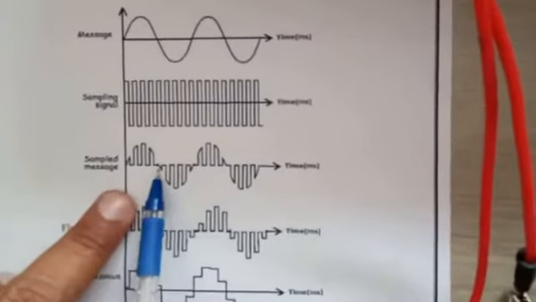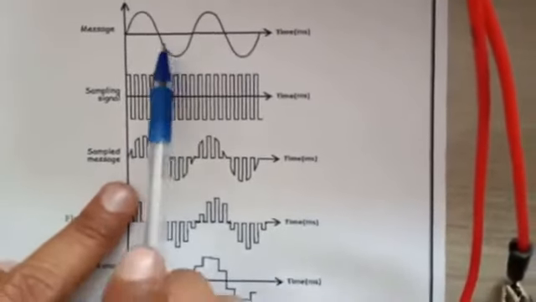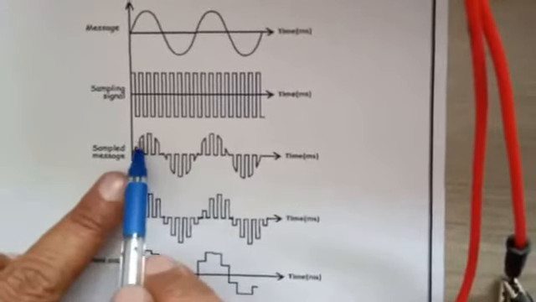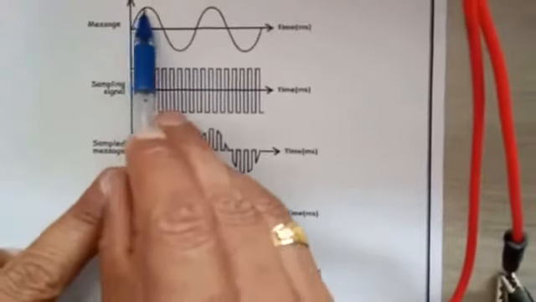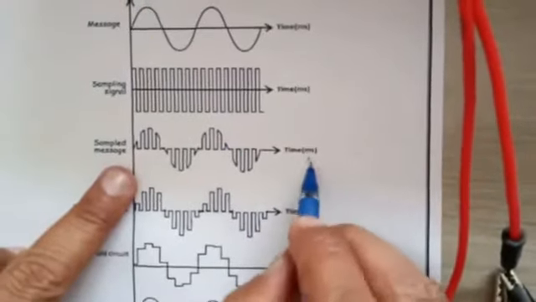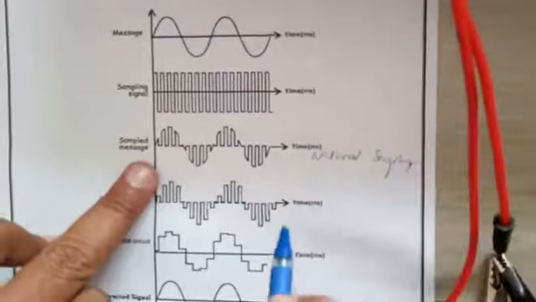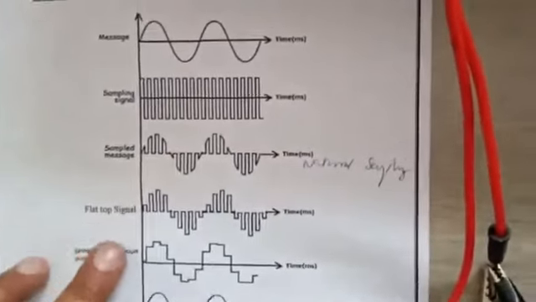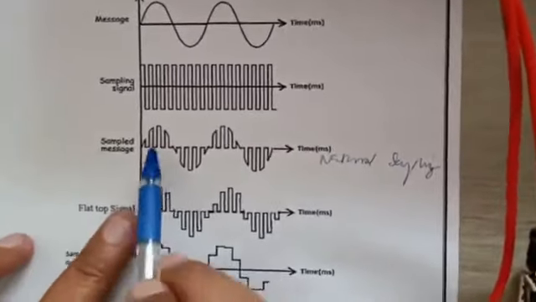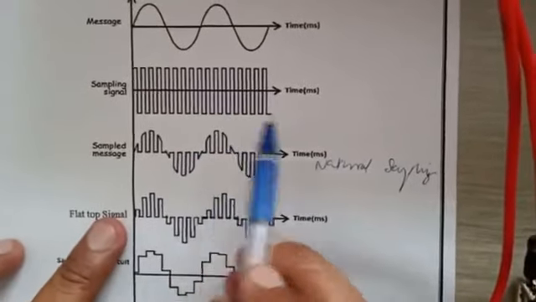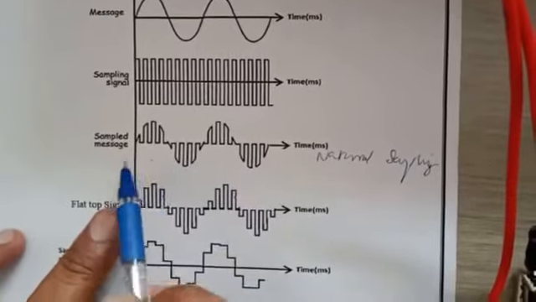With the help of a signal sampler you discretize the analog signal. After sampling, the pulse will be like this, where the top of the pulse follows the input shape. That is why it is natural sampling. Now this natural sampling will not be applied to the receiver, because the circuit operation would be complex.